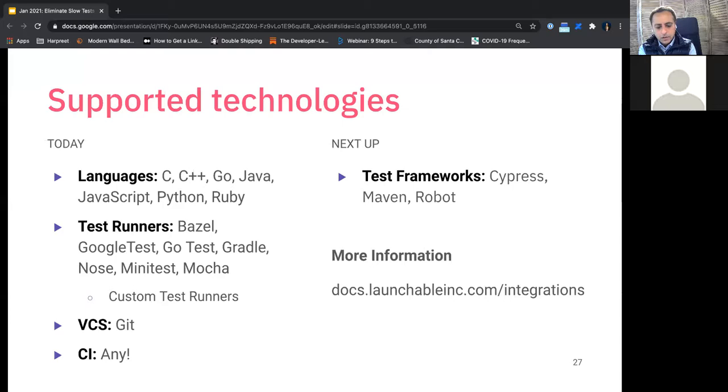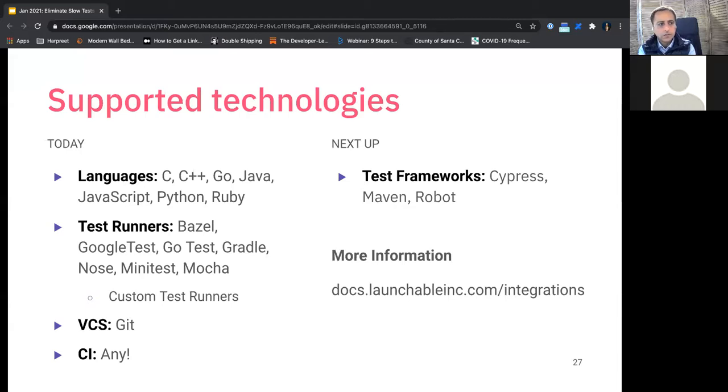Some of our DNA from Jenkins, specifically our extensibility DNA, shows through. So we've been working with clients and customers to build an extensible tech stack that can easily plug into any testing language, any testing framework out there, right?